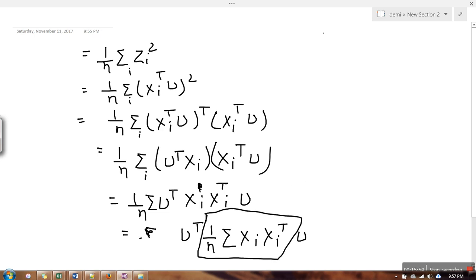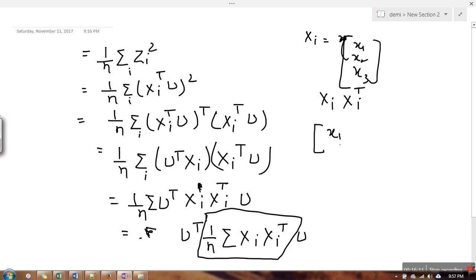Let's see, if we are given some xi, and this xi is x1, x2, x3, and we perform xi multiplied with xi transpose, so we are performing a product of these two.